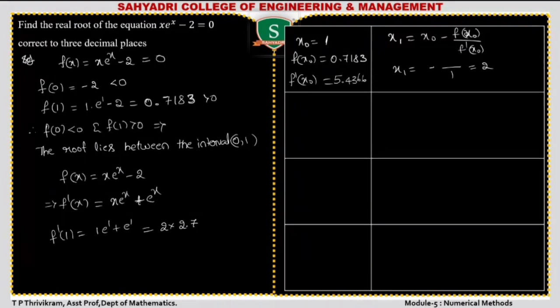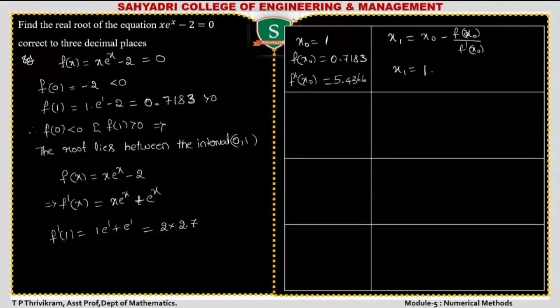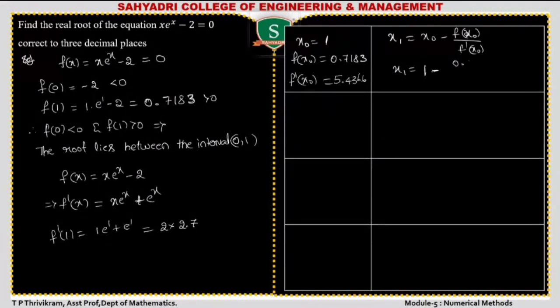If you substitute in it, what happens? 1 minus 0.7183 divided by 5.4366. How much do you get?